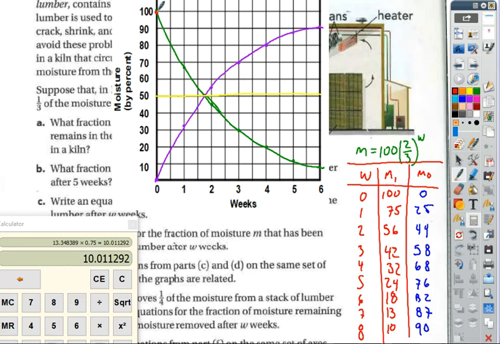So then 1, 75, 2, 56, 3, 42, 4, 32, 5, 24, and of course I go off the page, 6, 18, and I'm not going to continue here. We know what happens.